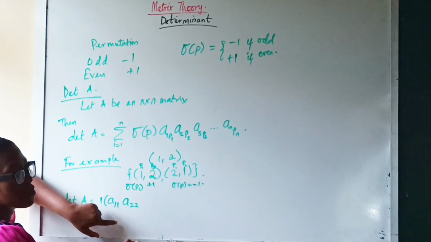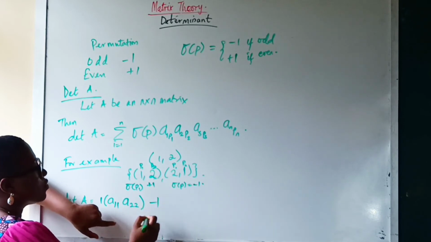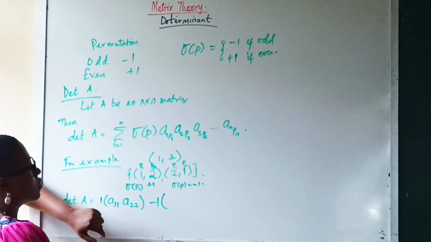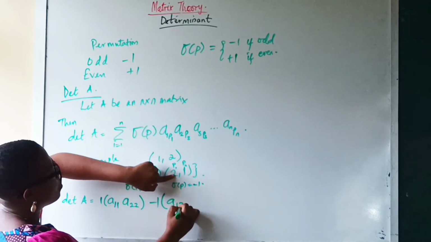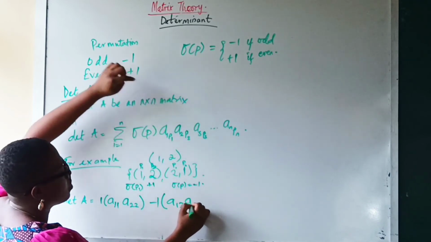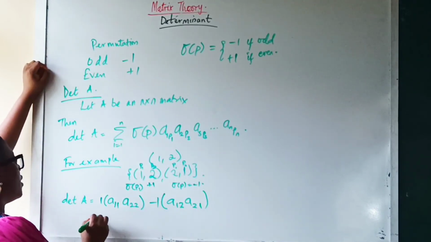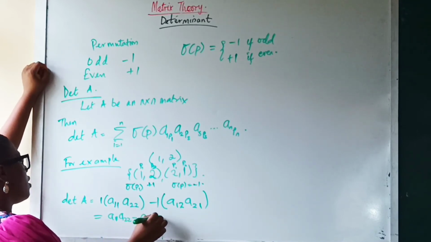P2 is 2. Now the sign of sigma of P here is minus 1. So I'm adding minus 1 times A, 1, P1 here is 2. P2 here is 1. So you see that you have the formula A11 A22 minus A12 A21.